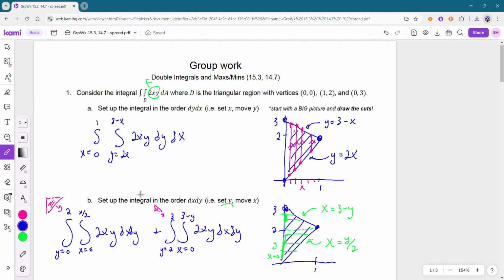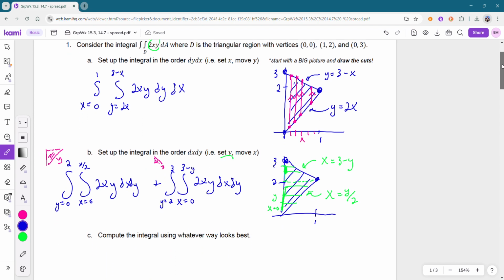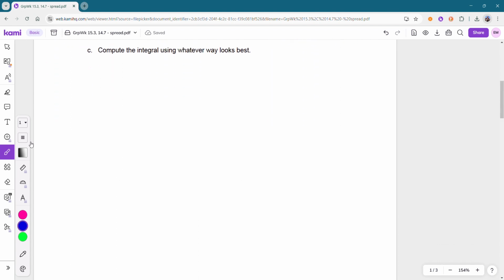And so to compute this, let's definitely choose the top order, as we just have one integral, and we'll work through that. So just copy paste. Integral from x equals 0 up to 1, y from 2x to 3 minus x, of our function 2xy.